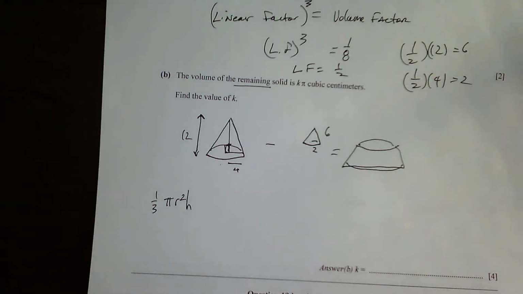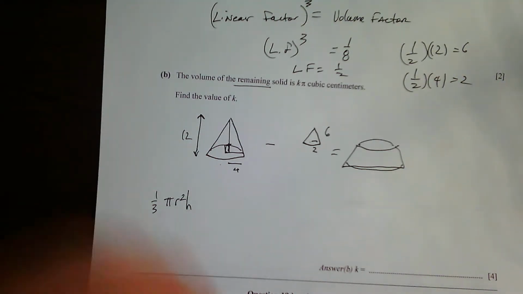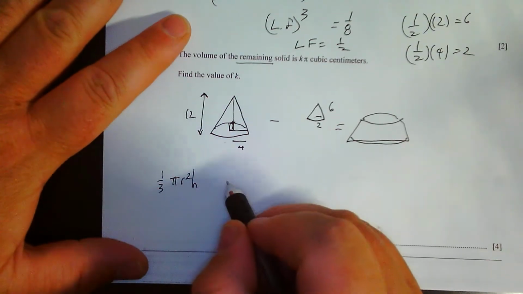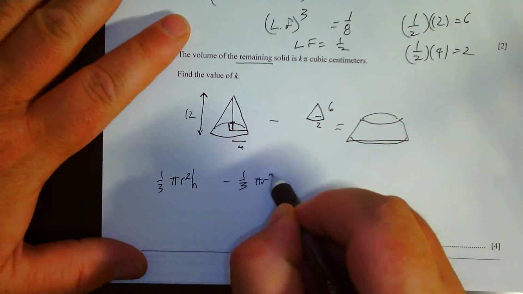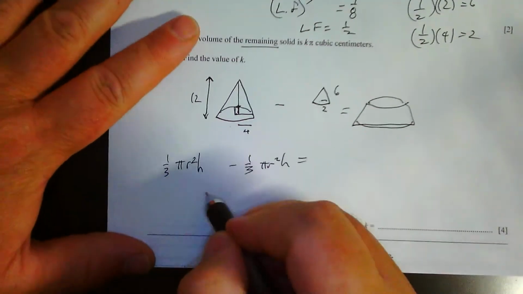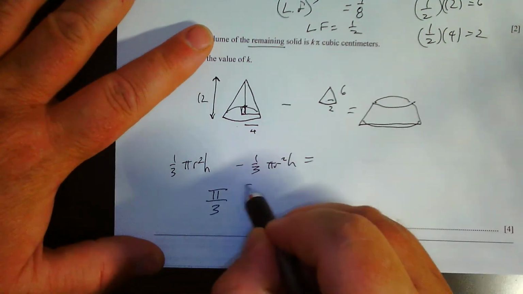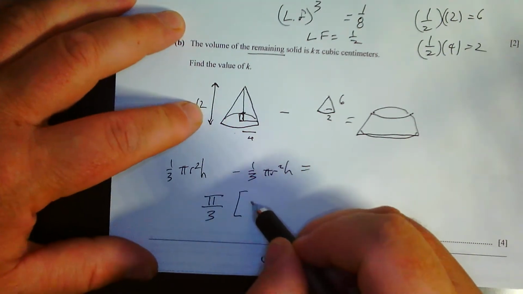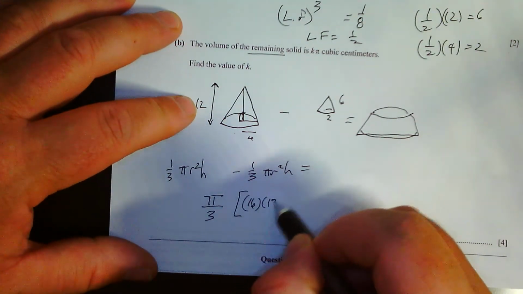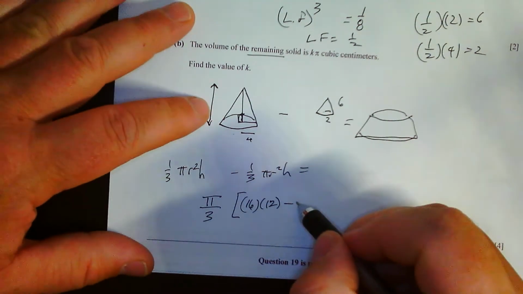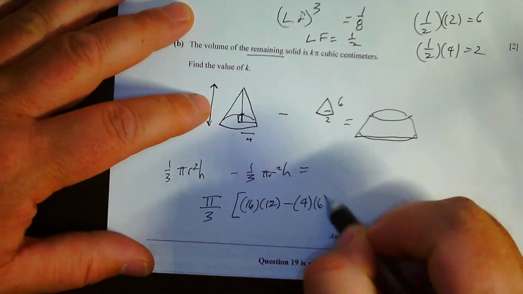So 1/3 pi r squared h, and then minus the other 1/3 pi r squared h is going to be our answer. So look, here's what I would do. I would do pi over 3 times 16 times 12 minus 4 times 6.